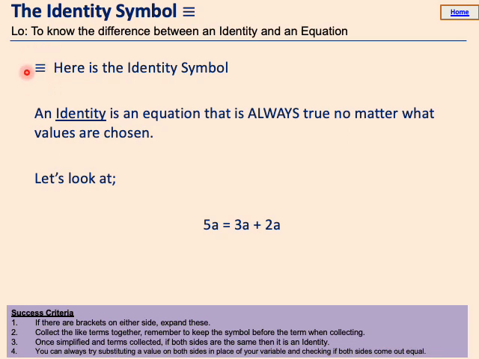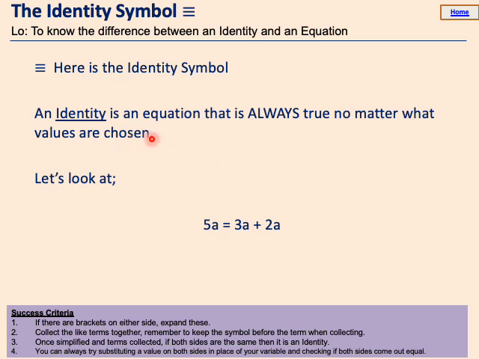It's more than equal. It's extremely equal. Whatever way you want to try and think to imprint in your head that this links with our definition. So let's look at the definition. So an identity is an equation that is always true no matter what values are chosen.